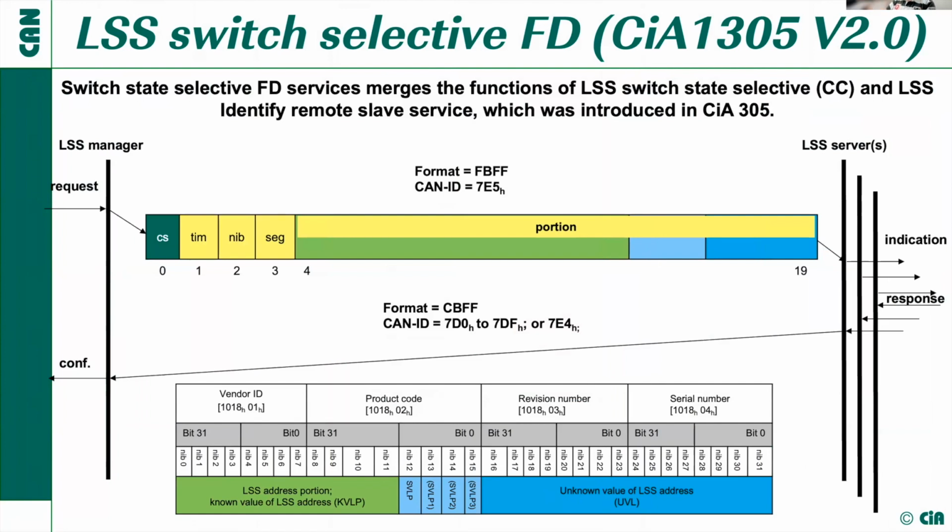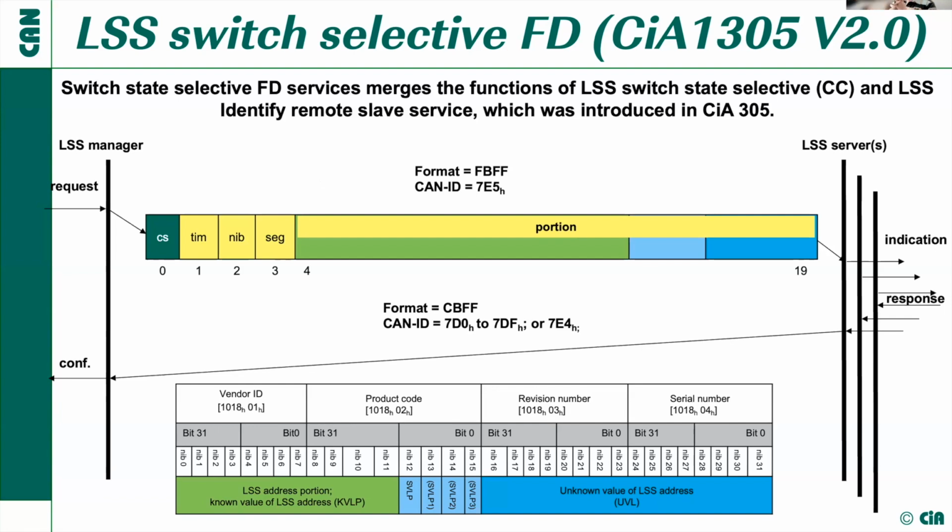And furthermore, we now used the FD frame in the switch state selective command for FD, where we have not just an ID number as in the fast scan, but the entire LSS address now in one CAN-FD frame.